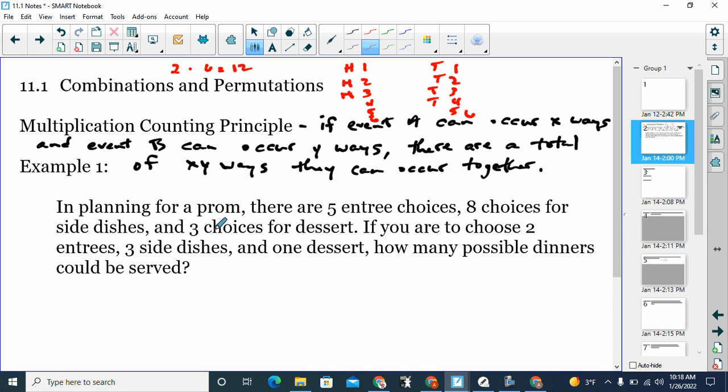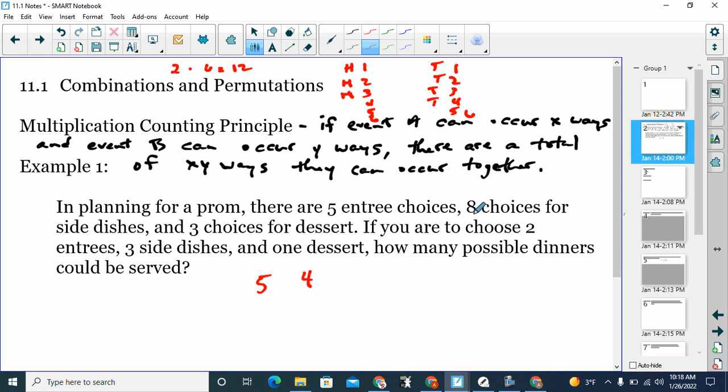So our first entree choice, there are 5 options. Our second entree choice, let's assume we can't choose the same entree again. You can't go steak and then steak again.